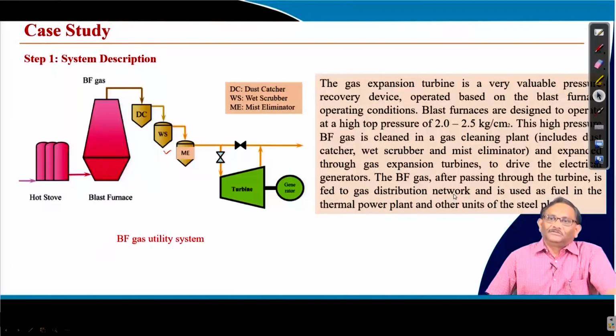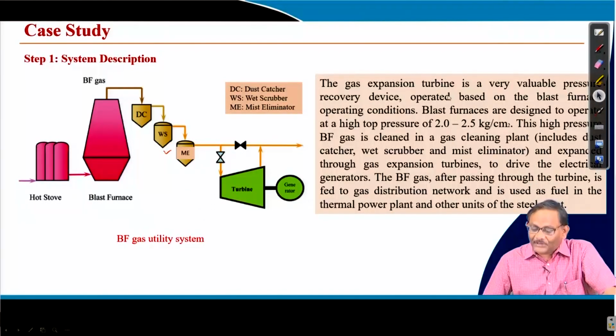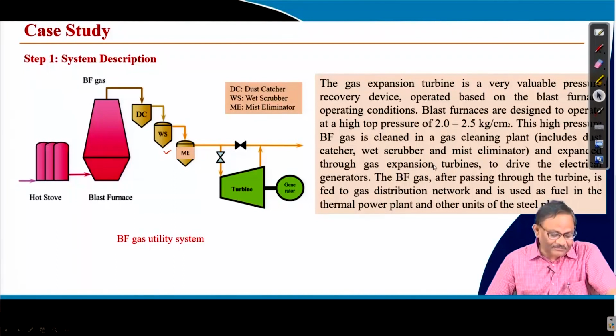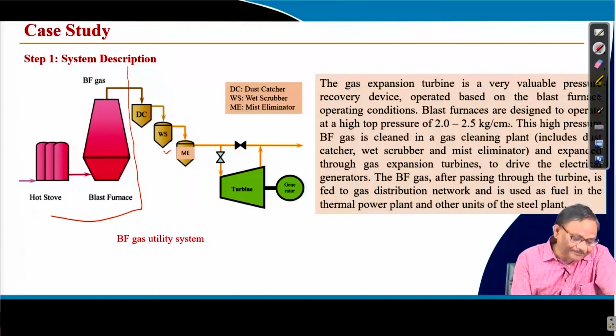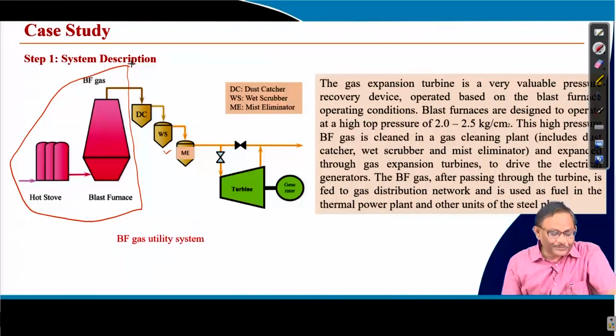With this background, I will just give you one case here. This is a blast furnace gas utility system, and here you see the blast furnace is one subsystem, which is producing blast furnace gas.